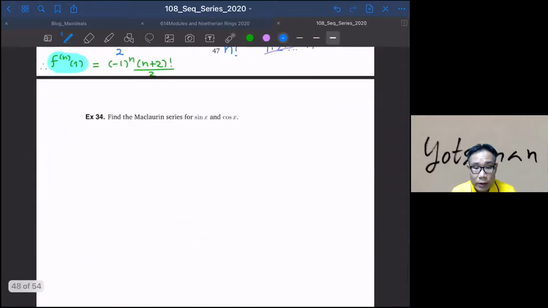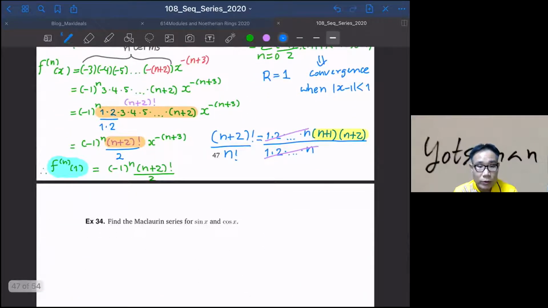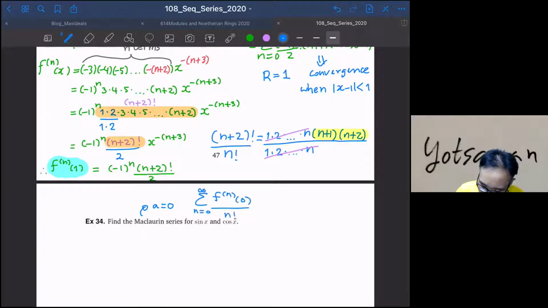The next one turned out to be the more important one. We'd like to find the Maclaurin series. The Maclaurin series means that you have a equal to 0, and you have the series n equal to 0 to infinity of the nth derivative at 0 over n factorial, times x to the n.